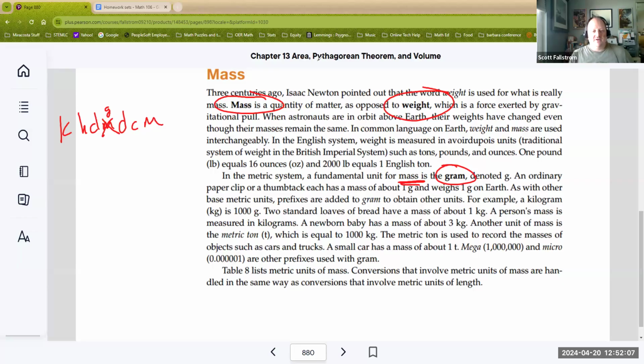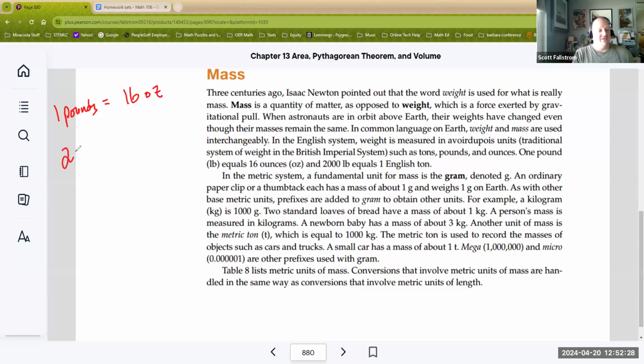All of those are going to be utilized here. For the American system, we use pounds. And what's great is that 1 pound is 16 ounces. And then 2,000 pounds, we call 1 ton.